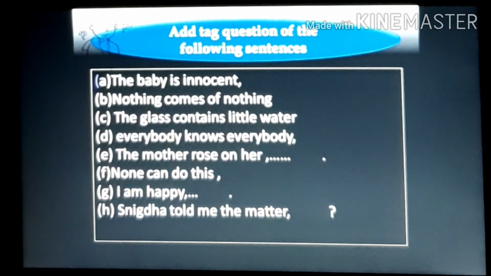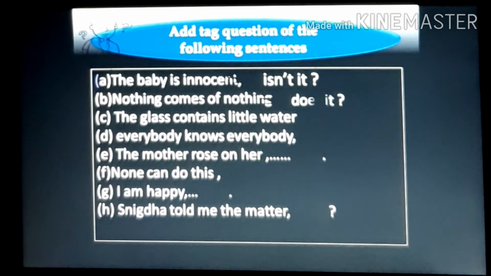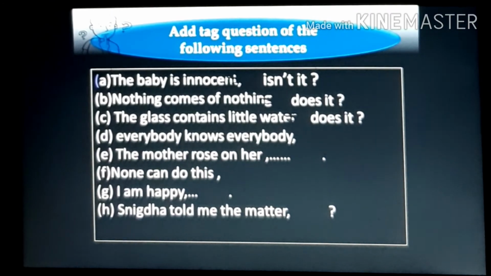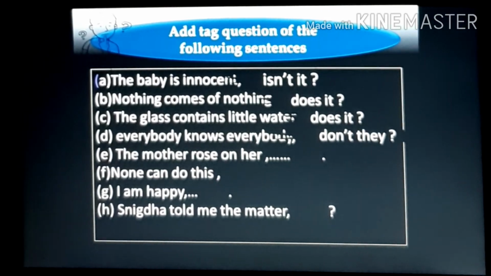Here are some more. The baby is innocent. Isn't it? Nothing comes of nothing. Does it? The glass contains little water. Does it? Everybody knows everybody. Don't they? The mother rose on her.